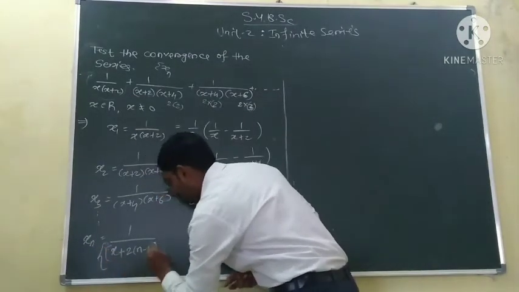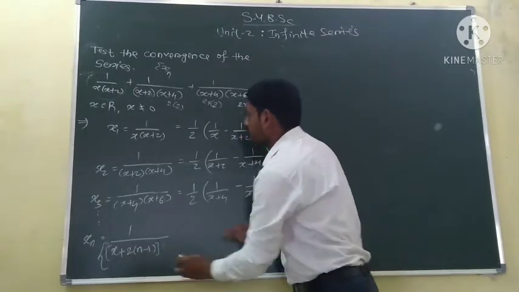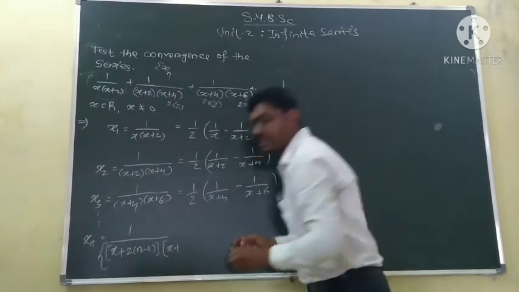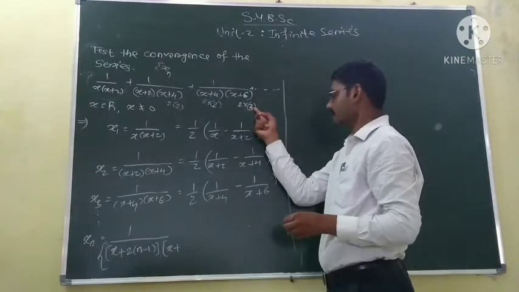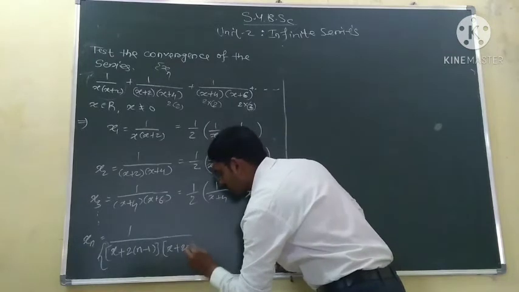Okay, plus, into x plus, simply since it is the nth term, 2 times n. It will be equal to x plus 2 times n.